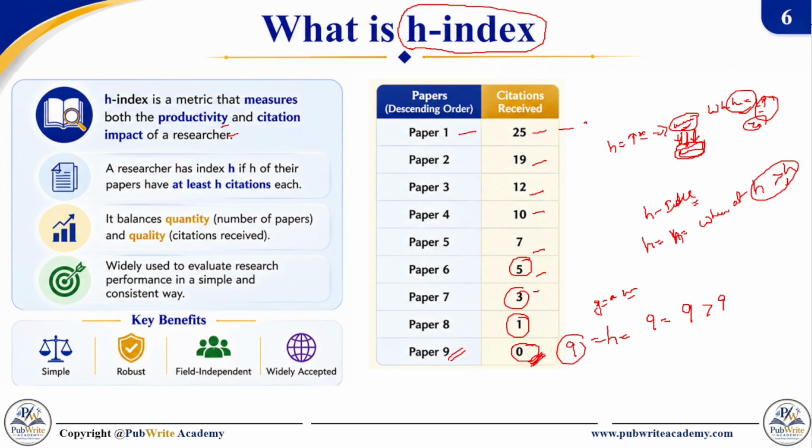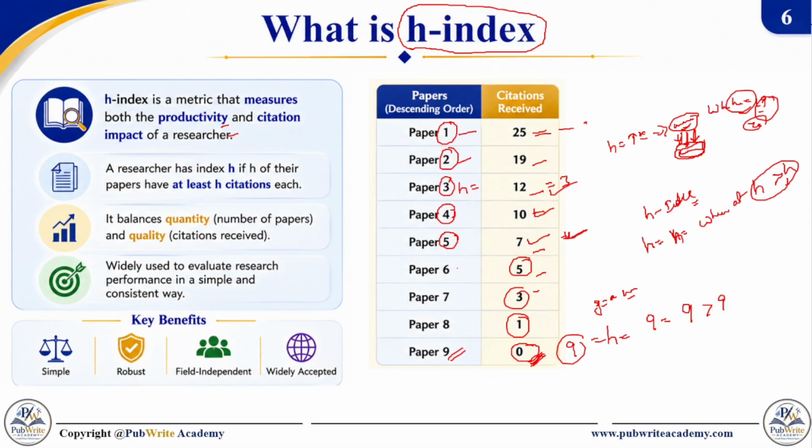Like for one paper, okay, one citation is there. If we go to 2, you can consider this as an H. If H is 3, we need at least 3 citations or more than 3. Okay, this is fulfilled. If H is 4, then we have at least 4 citations or more than 4, so this is also acceptable. Now H is 5, and we can see 7 citations, so it is also satisfied.